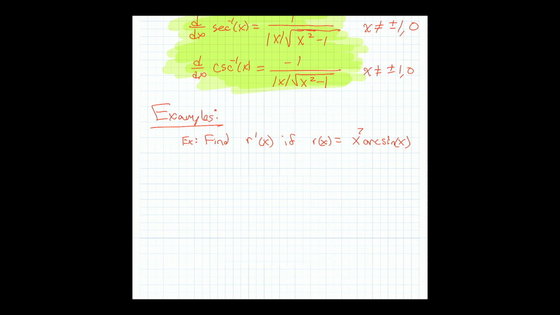All right, so how do we do it? We want r prime, but we've got two functions multiplied together, so you just have to do the product rule. The product rule is going to be x to the 7th prime times arc sine x, plus x to the 7th times arc sine x prime.